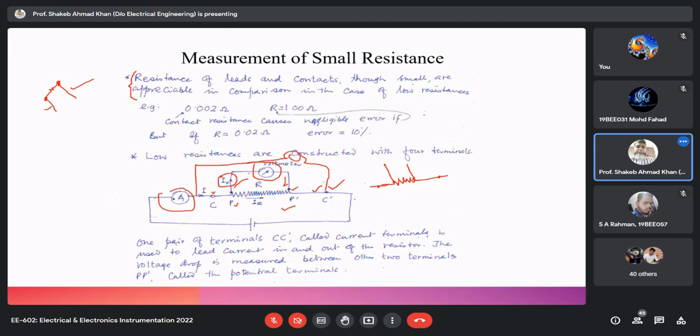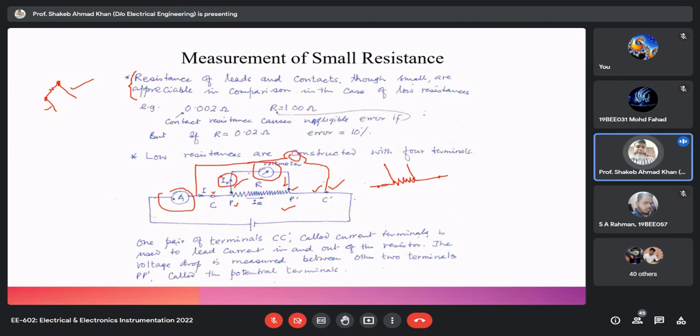But still, voltmeter ammeter method is not a good method, even in the medium case. All those problems which we had in medium resistance measurement will be present here also.